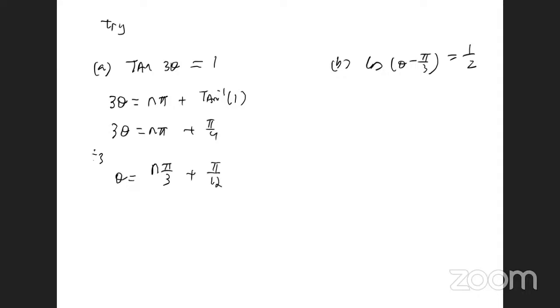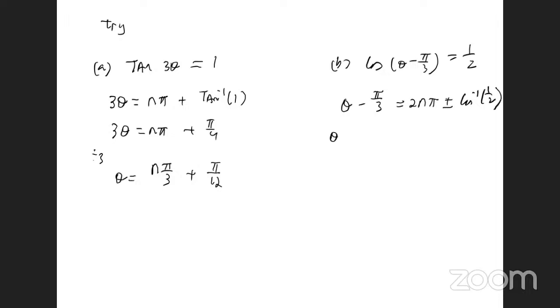Anybody got that? The general solution for tan 3 theta equal to 1. Next one. Theta minus pi on 3 is a little bit different, right? But leave the part in the bracket right there and make it equal to the general solution, which is 2n pi plus and minus cosine inverse a half.